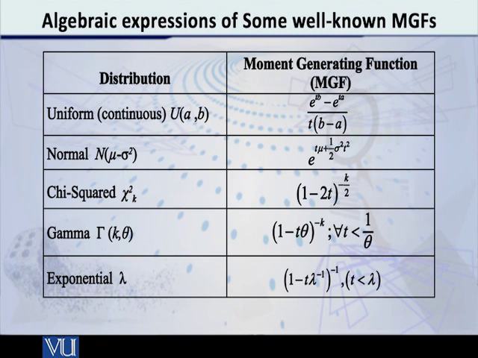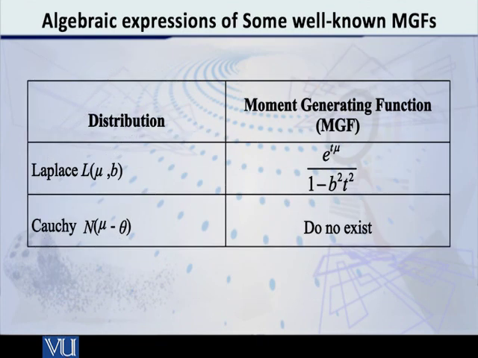The chi-square distribution with parameter k, or let me say with k degrees of freedom. इसका जो MGF है उसका expression क्या है? 1 minus 2t and this whole thing raised to minus k by 2. Let us consider one more distribution, the Laplace distribution with parameters mu and b. The MGF is given by e raised to mu t over 1 minus b square into t square.